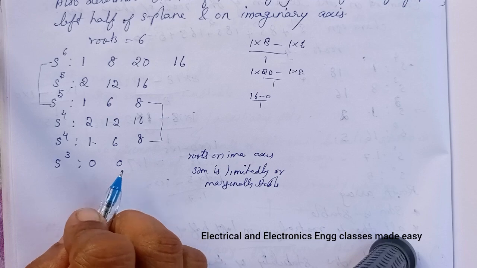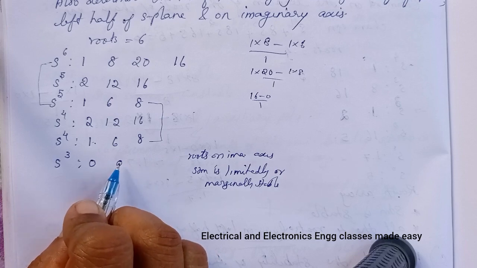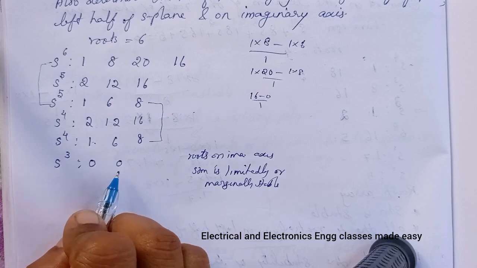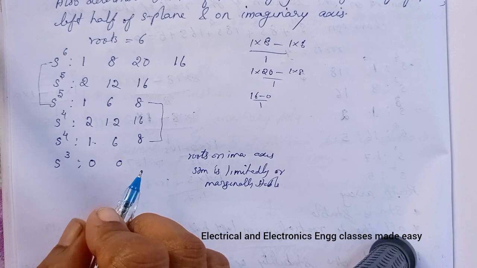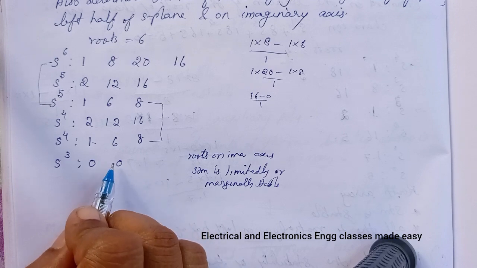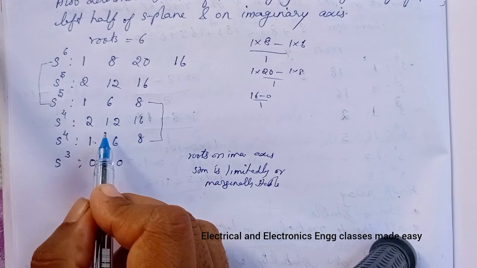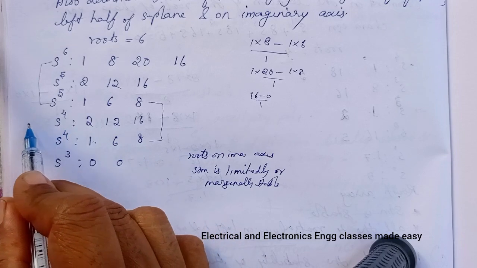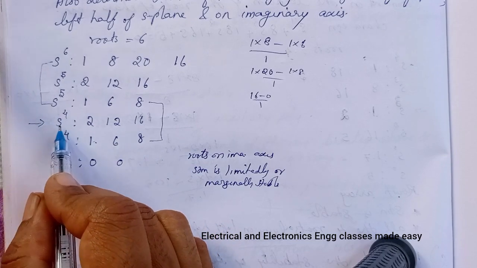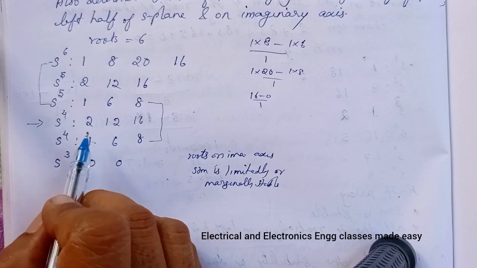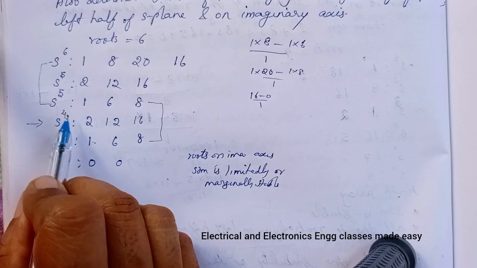And we have to write the auxiliary polynomial. So auxiliary polynomial is obtained from the above row, that is from the elements of this row, that is s raised to 4.